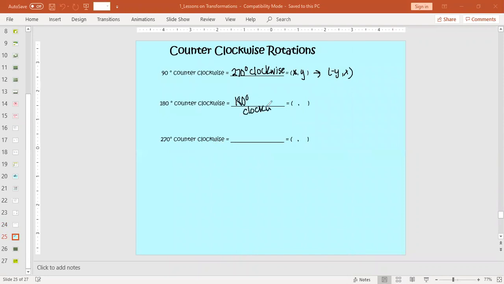Same thing. So (x, y) just becomes (-x, -y). And 270 degrees counterclockwise is the same thing as 90 degrees clockwise, which is our first rule we learned, which is (x, y), we switch their places, we change the sign of x.